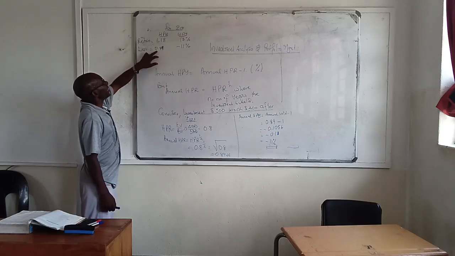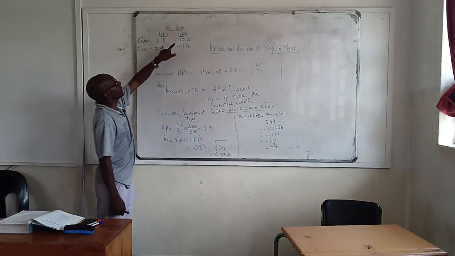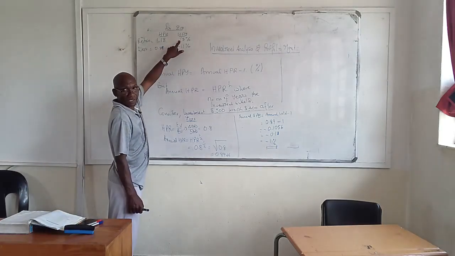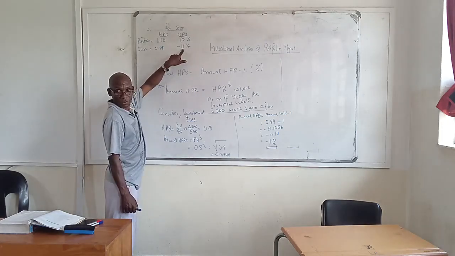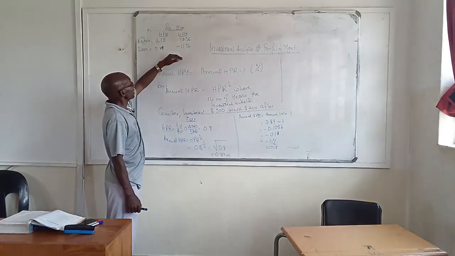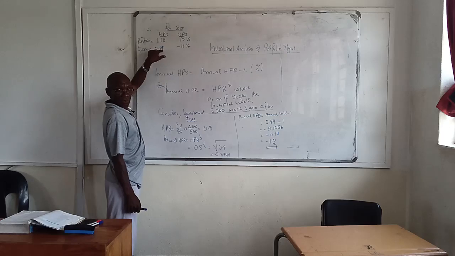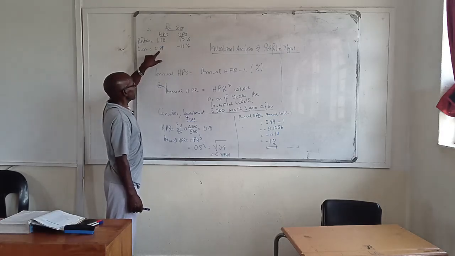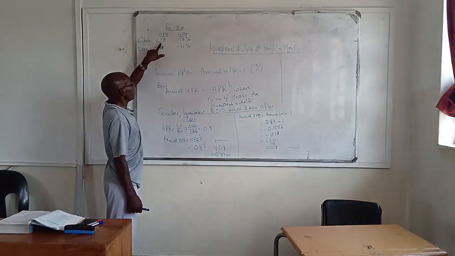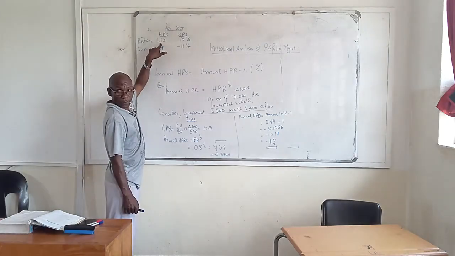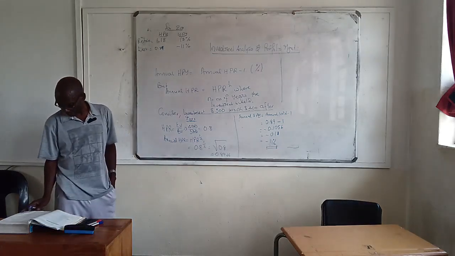If it is less than 1, it is a loss. For the percentage, if it is positive, it means there's a profit. If you have got a negative percent, it means that is a loss. The decision is, when HPR is less than 1, it's a loss, but when it is more than 1, it is a profit. All right? Good.